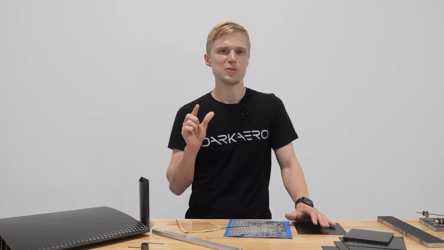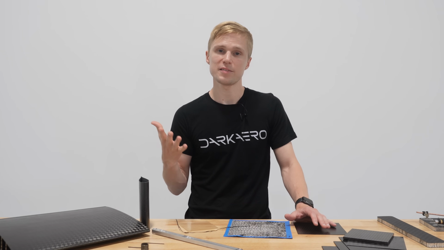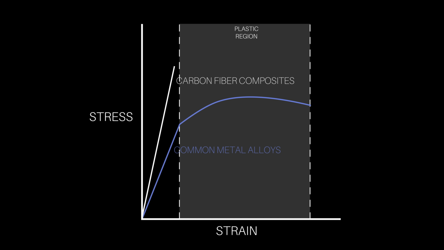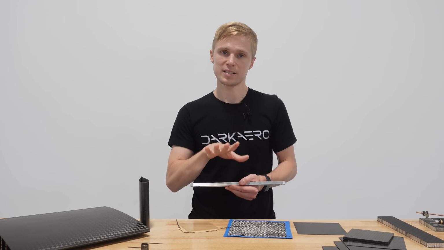The big difference between metals and composites lies beyond this elastic region. Common metal alloys have a plastic deformation region where they will permanently deform under an applied load and will not return back to their original state. The point where the response transitions from elastic to plastic is called the yield strength. The deformation versus load in the plastic region past the yield strength will be non-linear. This is classified as ductile behavior.